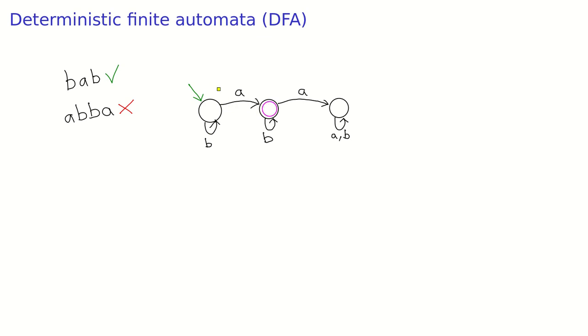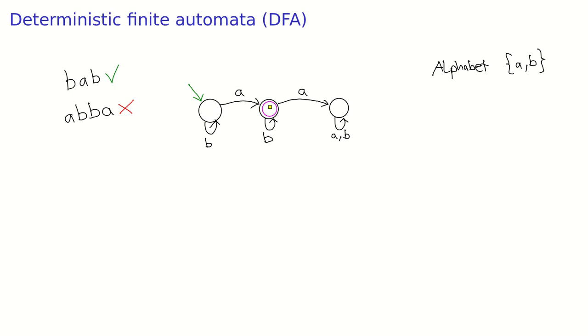We fix an alphabet. In this case, it's the alphabet AB. Once we fix this alphabet, we have to make sure that our deterministic finite automaton has in every state, for every symbol from this alphabet, precisely one outgoing edge, one outgoing arrow. We see in this state we have one outgoing A arrow, one outgoing B arrow, no more and no less.